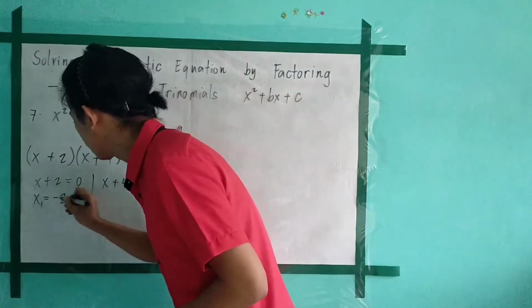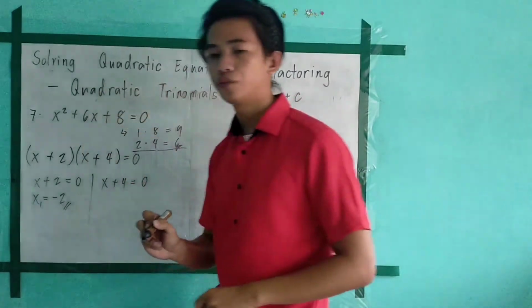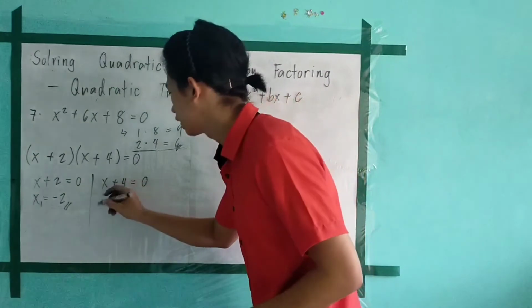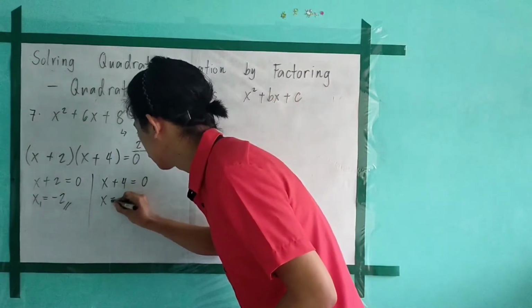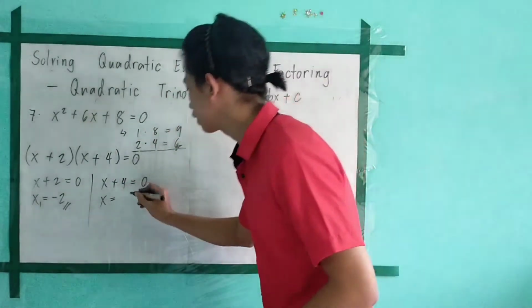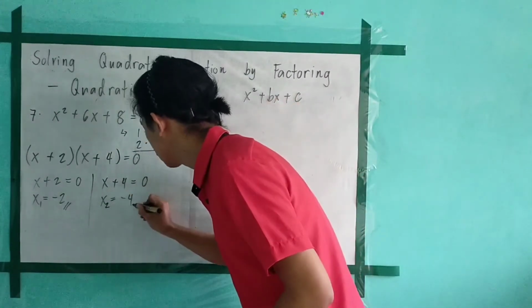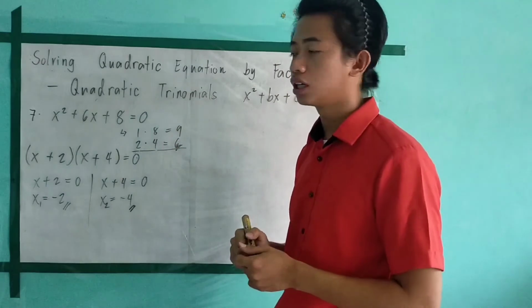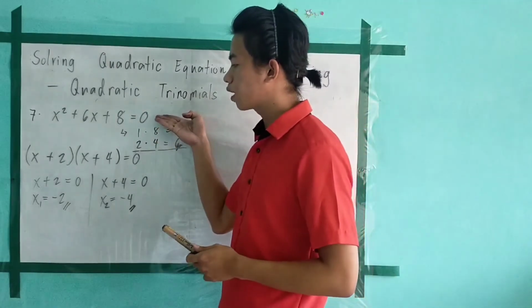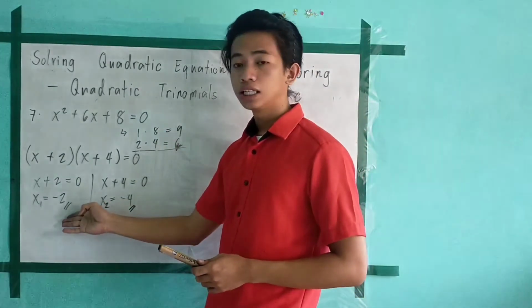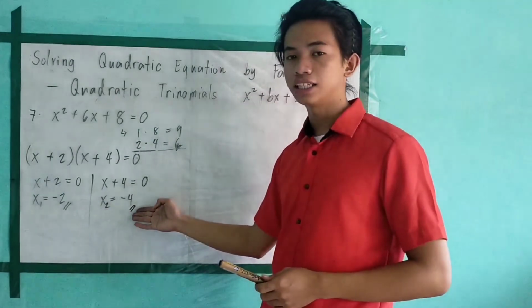So, our x sub 1 is equal to negative 2. Next, x is equal to, transpose positive 4, magiging negative 4. So, our x sub 2 is equal to negative 4. The solutions in this given problem are negative 2 and negative 4.